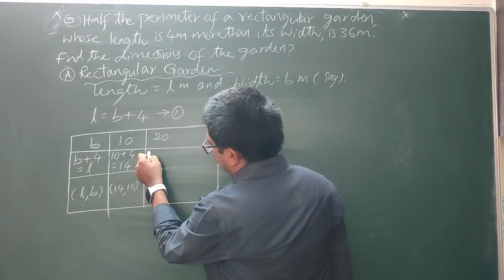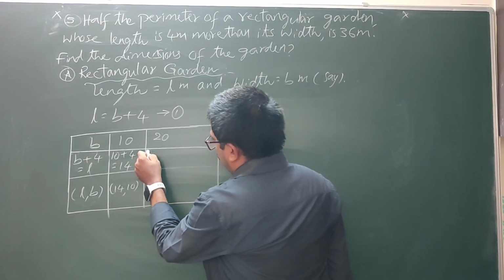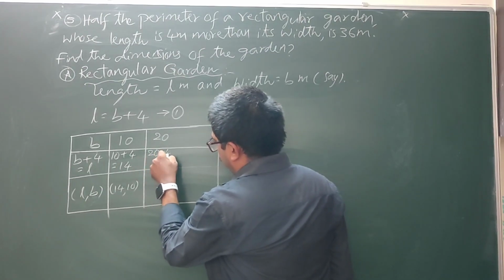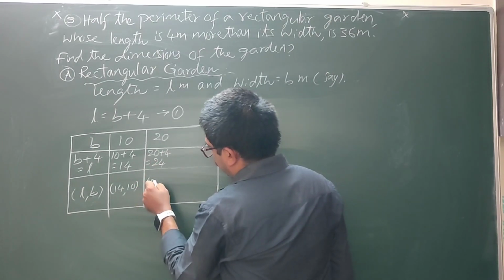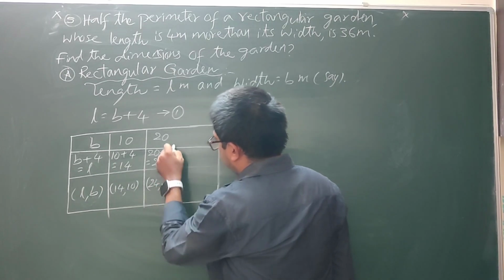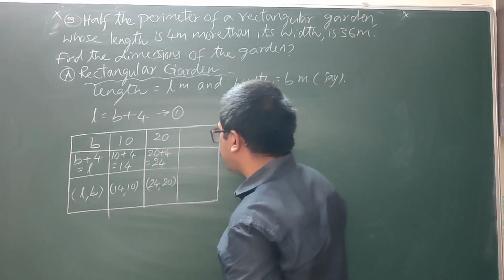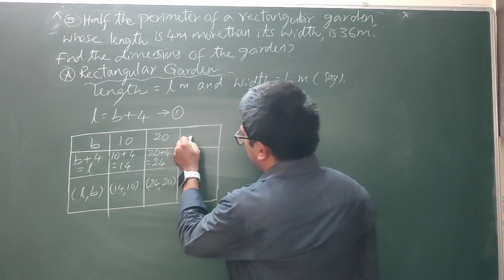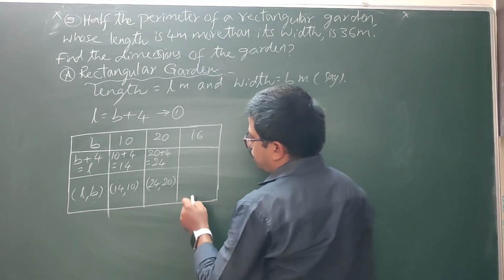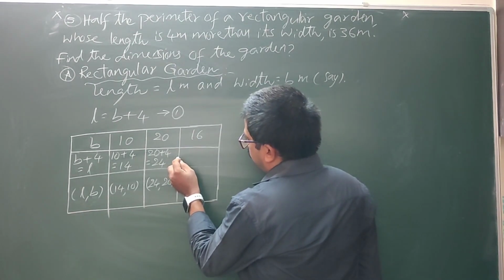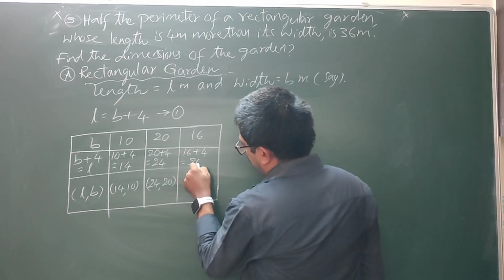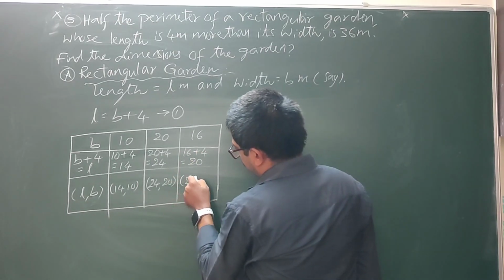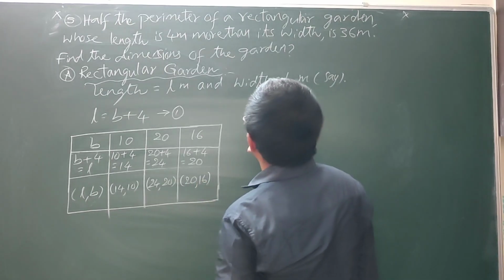So here 20 plus 4 is equal to 24. So 24 comma 20. Let me take B as 16. So L is 16 plus 4 equal to 20. So 20 comma 16.